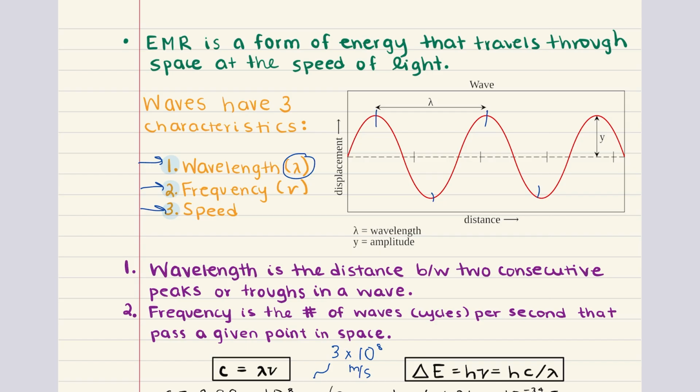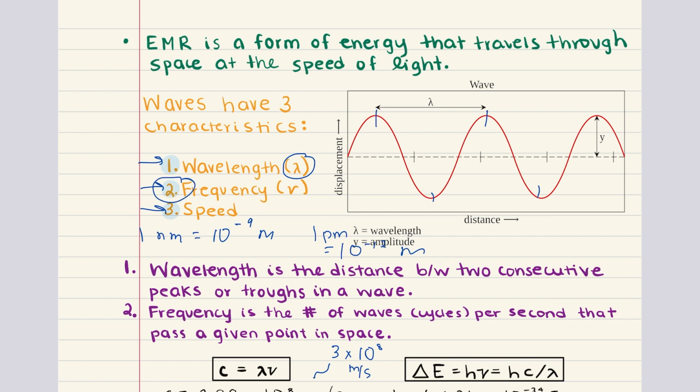Wavelength is typically measured in meters, but depending on the type of electromagnetic radiation, we often use smaller units like nanometers. 1 nanometer is equal to 10 to the minus 9 meters, or we can even use picometers. 1 picometer is equal to 10 to the minus 12 meters.